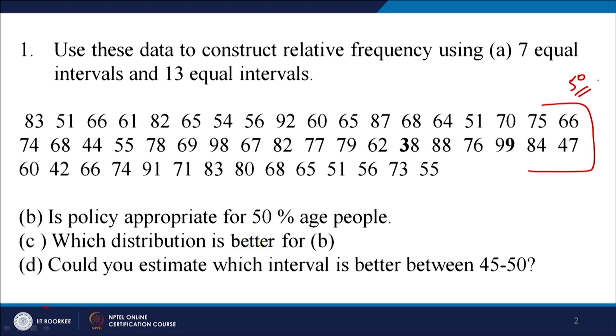So, let us say the age of one person is 83 and another person's age is 55. So, there are a total of 50 data points. Now, why did the company collect the data? Because it wants to come up with a retirement policy for the employees of the organization.